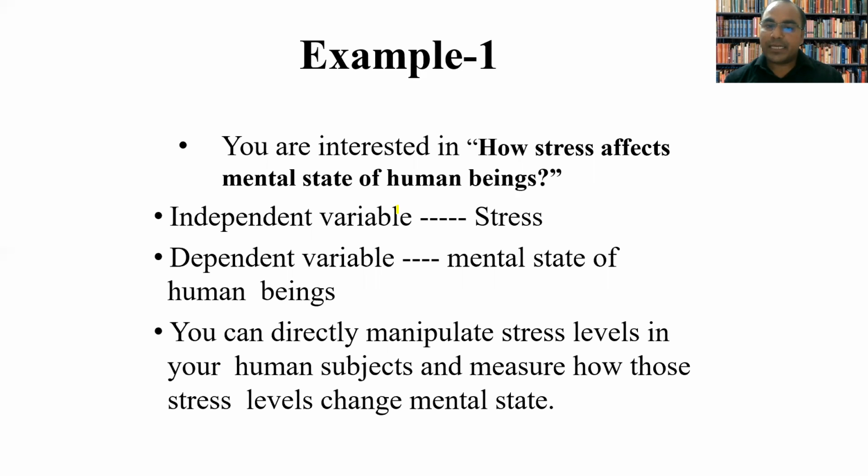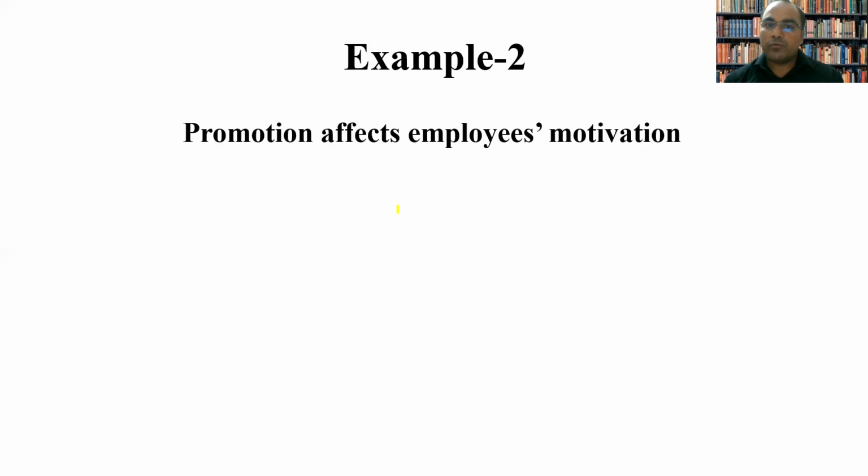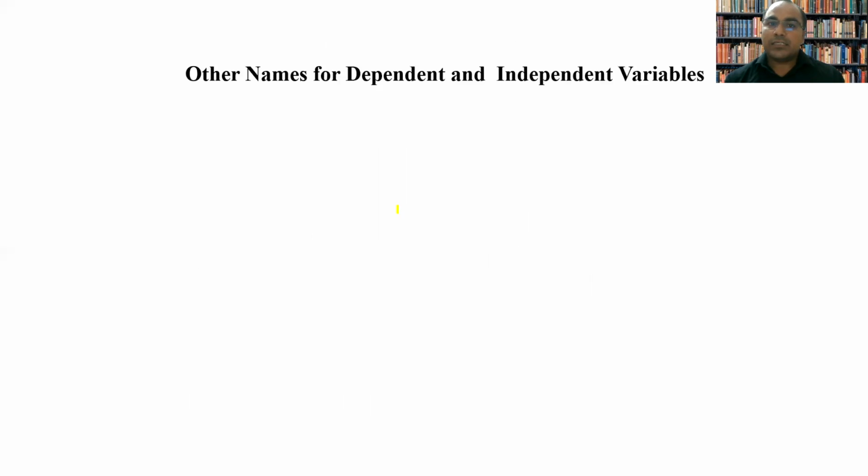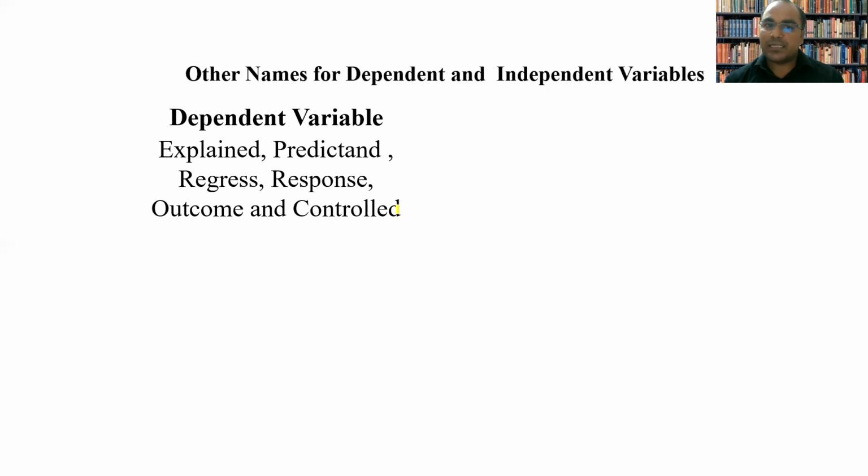Now we have one second example. Promotion affects employee motivation. So the independent variable is promotion and the dependent variable is employee motivation. Some other names for dependent and independent variables: the dependent variable is also known as explained variable, predicted variable, regressed variable, response variable, outcome variable, and control variable.